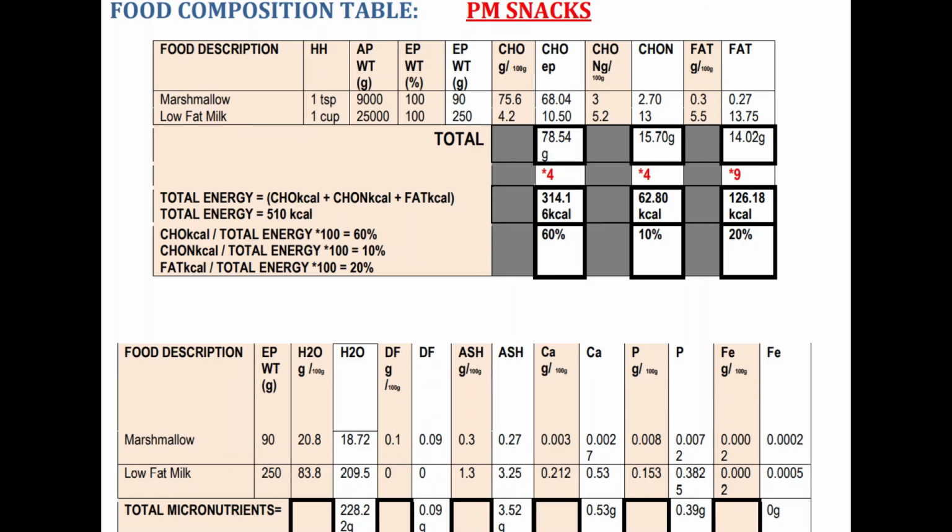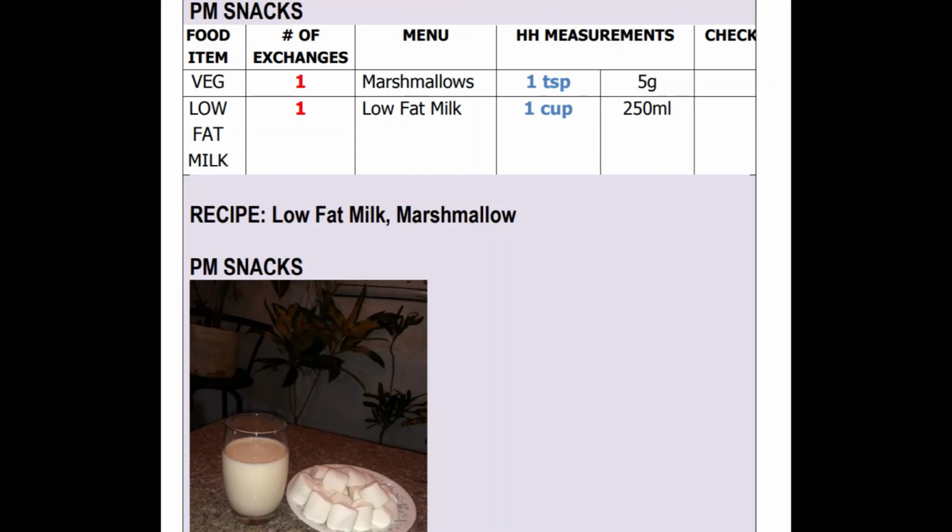So this is the food composition table of your PM snacks, and these are the food descriptions for marshmallow and low-fat milk. So the total energy requirement is 314.16 kcal, and 62.80 kcal, 136.18 kcal. So these are the PM snacks.